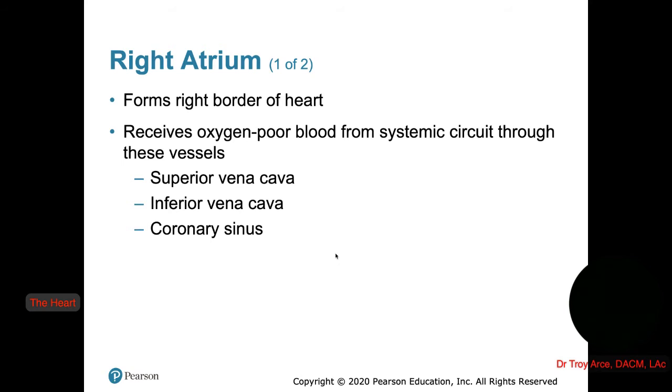Here we go. The right atrium forms the right border of the heart. Okay, and this is the atrium. This receives oxygen-poor blood from the systemic circuit through these vessels: the superior vena cava coming from above the heart, the inferior vena cava coming from below the heart, and actually the coronary sinus, because the heart itself has its own venous system.